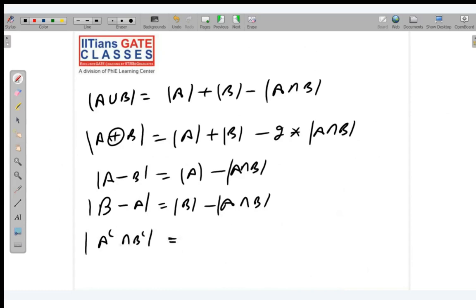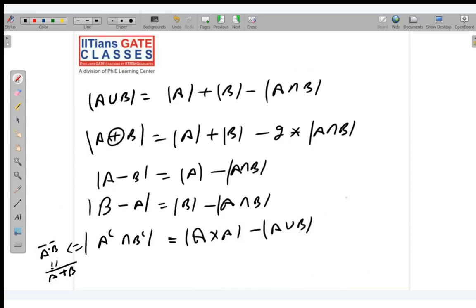By De Morgan's law, this is A bar dot B bar, that is nothing but (A plus B) whole bar. So that is nothing but the universal set minus A union B.